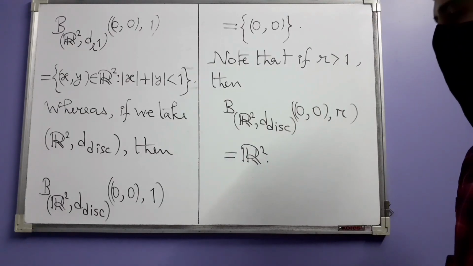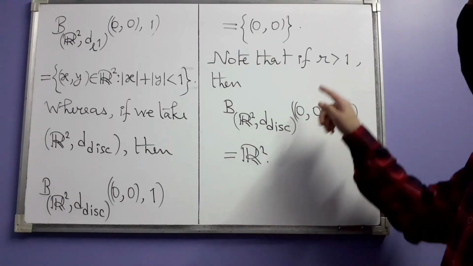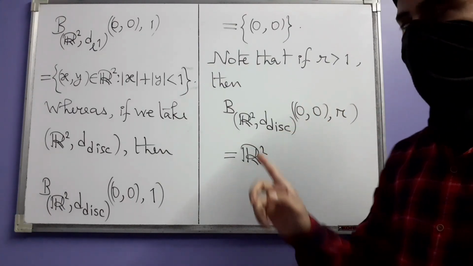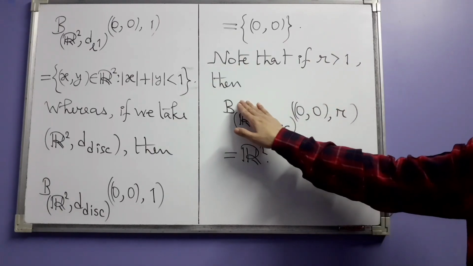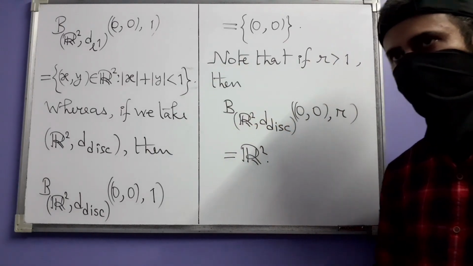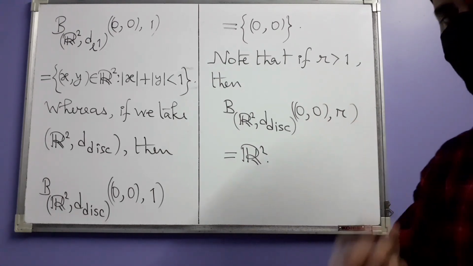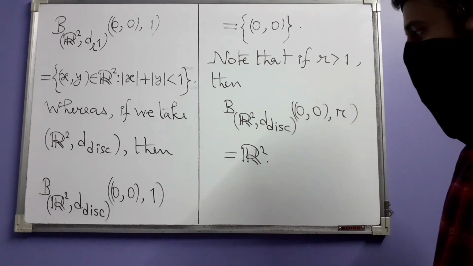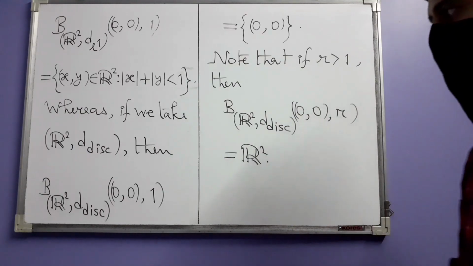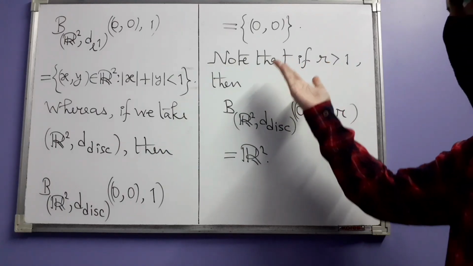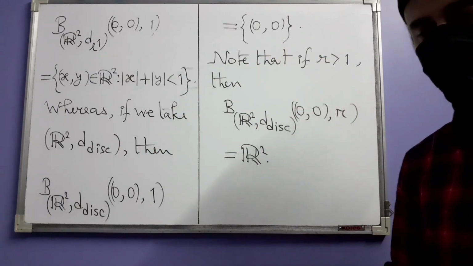However, another extreme is this. Say you take the radius to be not equal to 1, but a real number greater than 1, and then consider the ball in the discrete space with the origin as the center and that r as the radius. This time, however, the ball becomes the entire plane. Why? Well, as we have already seen with this case, 0, 0 will lie inside the ball always.